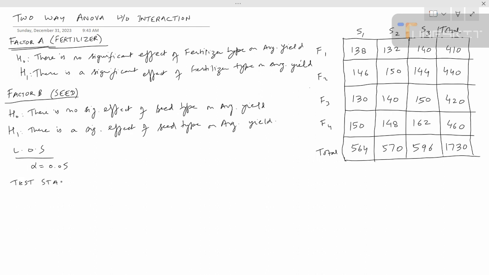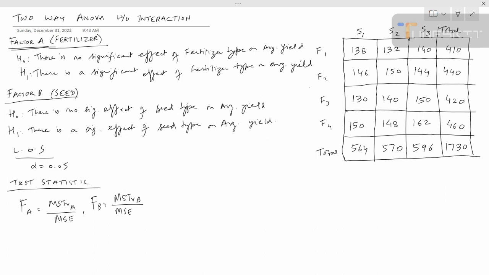Test statistic would be based upon two F ratios, one for factor A that has the formula mean sum of square treatment for factor A divided by mean squared error, and for factor B mean sum of square treatment for factor B divided by mean squared error.